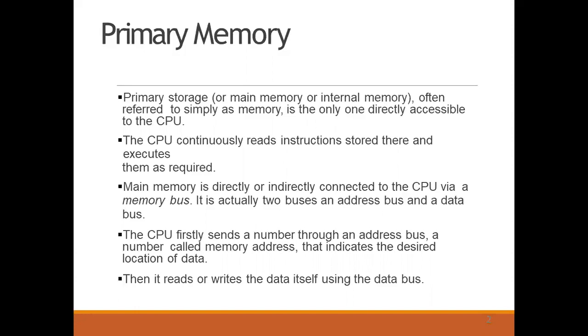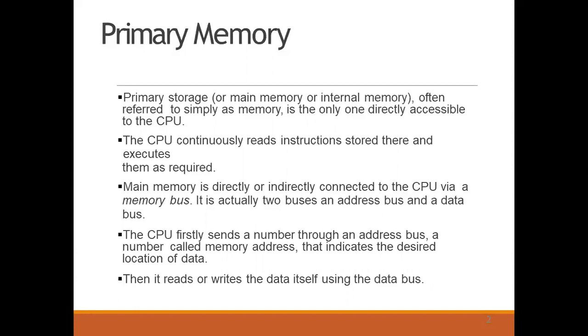So the main memory or the primary memory is directly or indirectly connected to the CPU via the memory bus. It is actually two buses, the address bus and the data bus. Without the bus, the CPU cannot make contact between the main memory and itself.